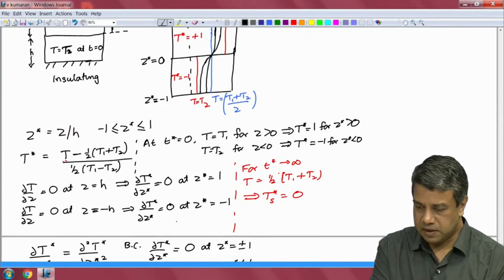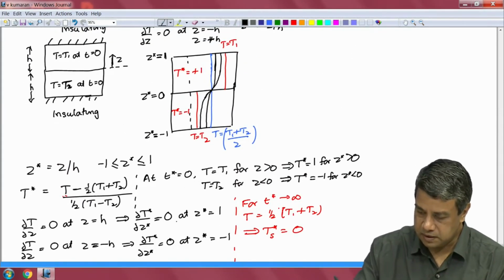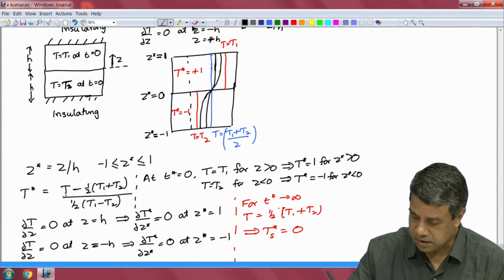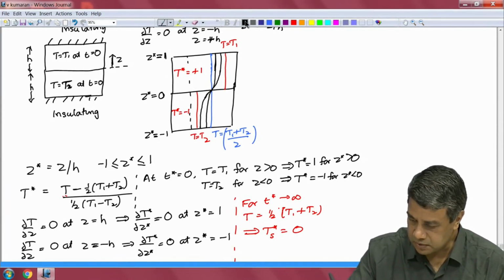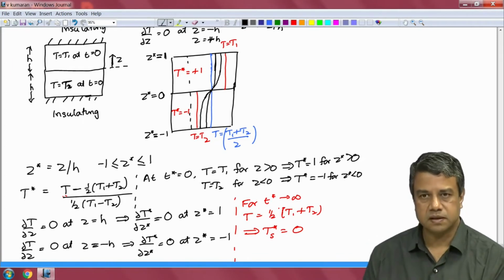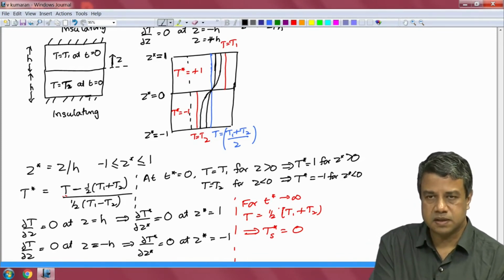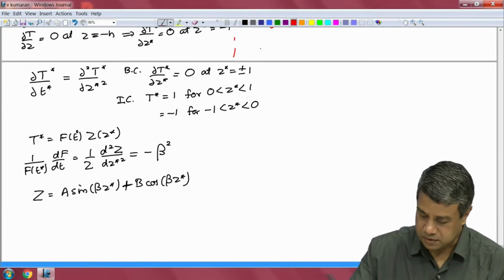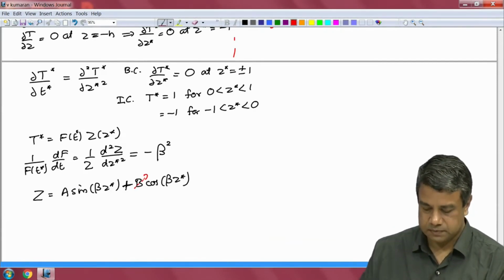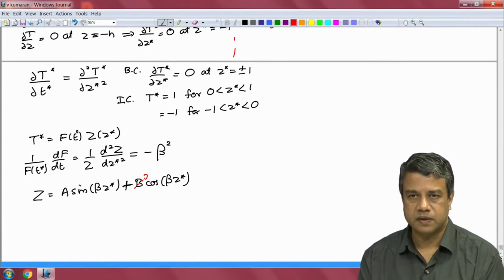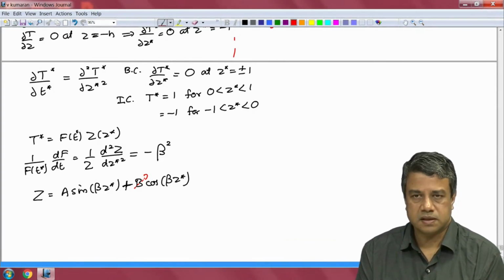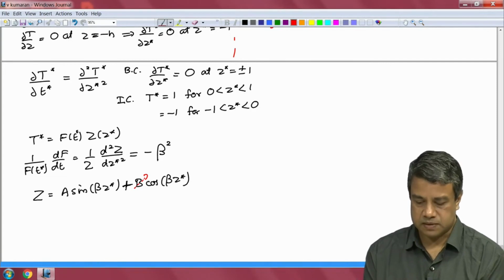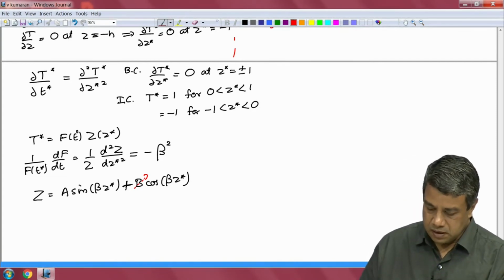Note that from the symmetry, this T star has to be equal to 0 at z is equal to 0, which implies that b is equal to 0 as before.